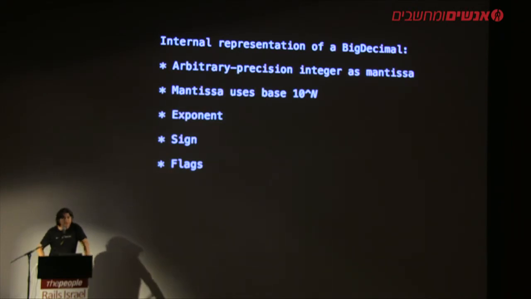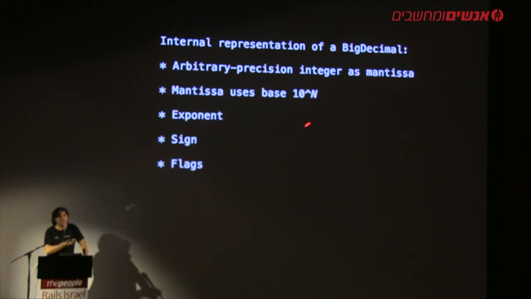The internal representation is conceptually similar to the previous one we saw. There's an arbitrary precision integer for the mantissa. The mantissa we had before had 52 bits, and now we have an arbitrary precision integer, as much as your RAM can afford. And this item is key.